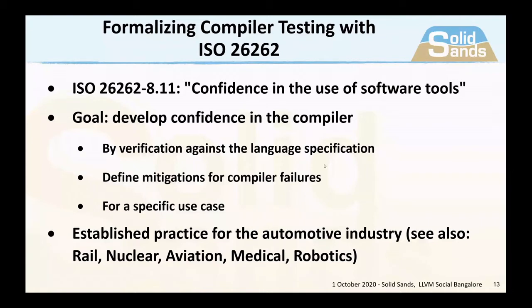If you get the results, there might be some compiler failures. And of course, as an LLVM developer, you would just dive into the compiler, fix it, and then rebuild the compiler and use it again. But for an automotive developer, that is very different because they often don't even have access to the compiler.